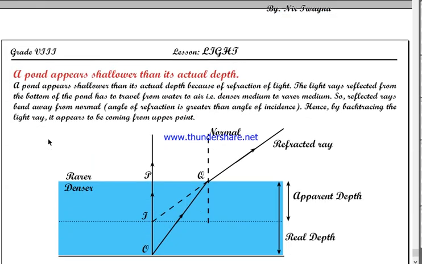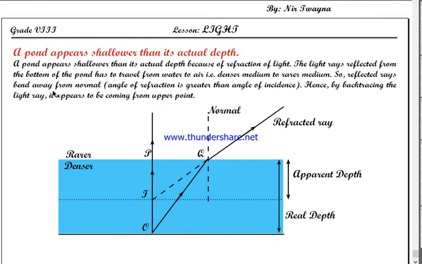The last one: a pond appears shallower than its actual depth. You already know that it is also because of refraction of light, and the reasoning is the same as above. A pond appears shallower than its actual depth because of refraction of light. The light rays reflected from the bottom of the pond have to travel from water to air, that means denser medium to rarer medium.